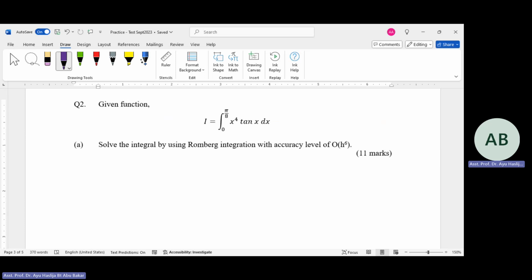Okay, the start of the question is similar: Romberg, either levels OH6 or OH4.